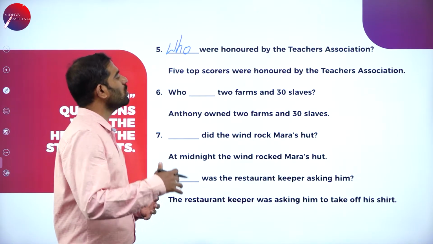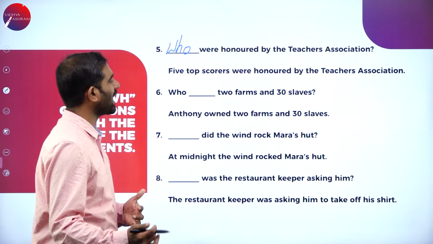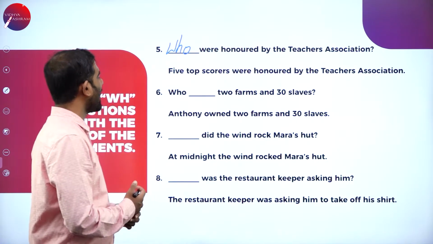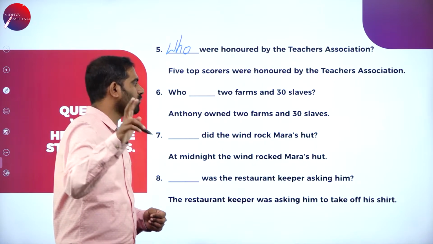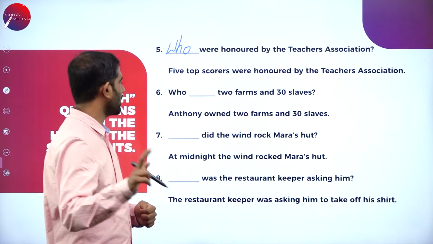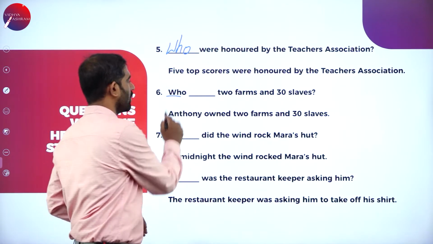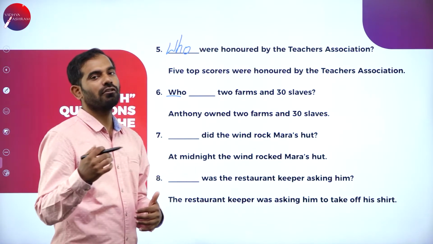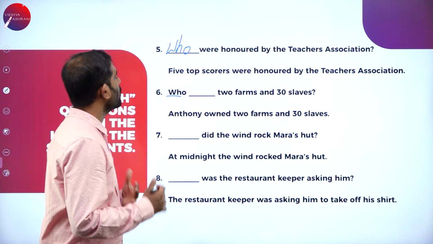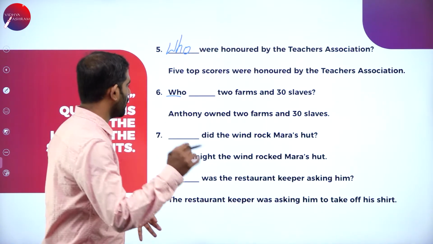Next one, who dash 2 farms and 30 slaves? Anthony owned 2 farms and 30 slaves. So which is the right answer here? WH is already given here, so we have to find the auxiliary verb. Who owned?